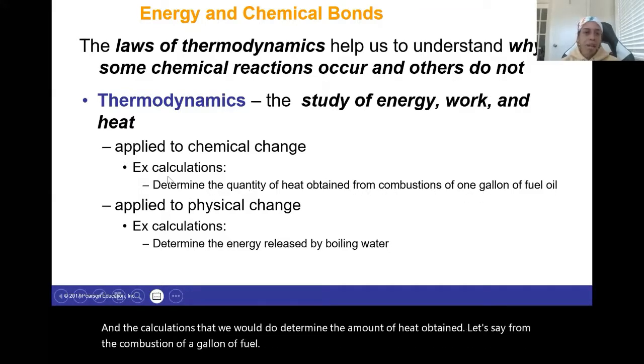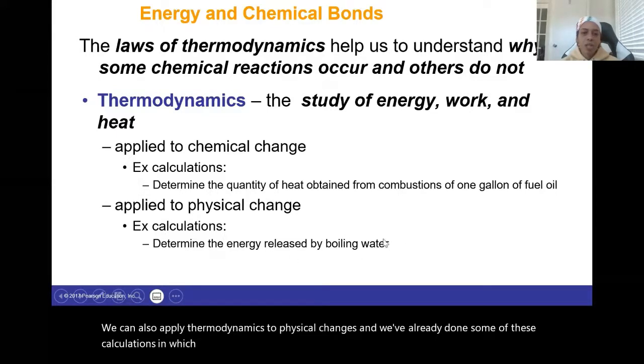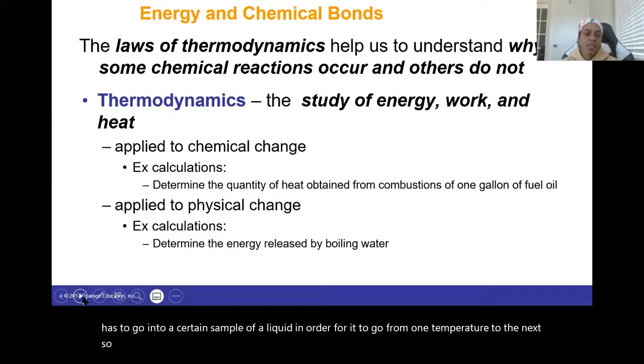We can also apply thermodynamics to physical changes, and we've already done some of these calculations in which we determine the energy released by boiling water, or how much energy has to go into a certain sample of a liquid in order for it to go from one temperature to the next. We did those types of calculations back in Unit 2.